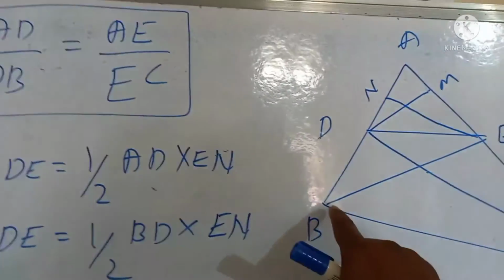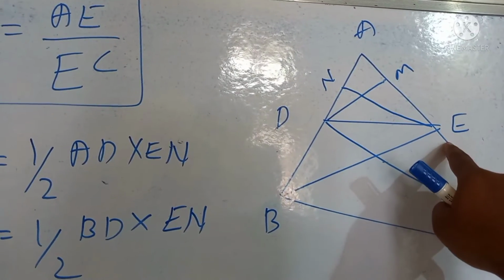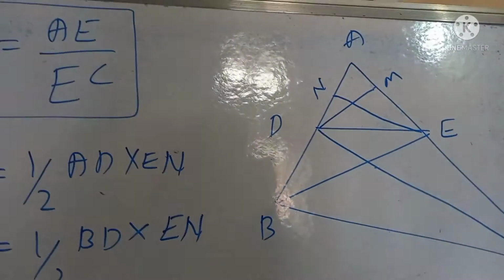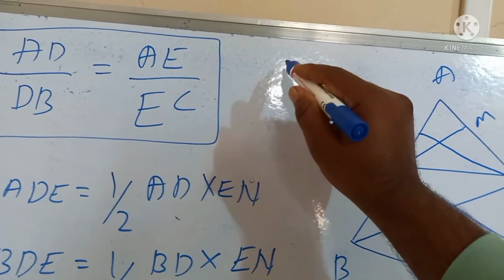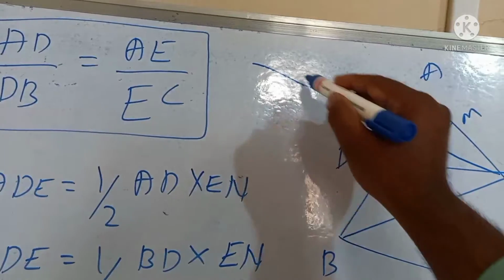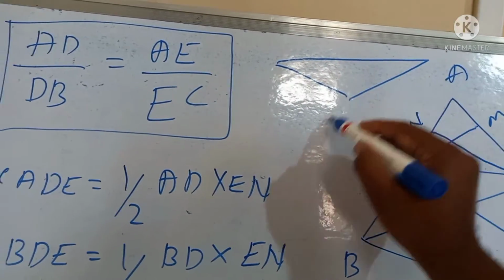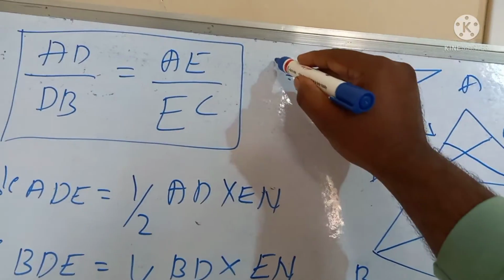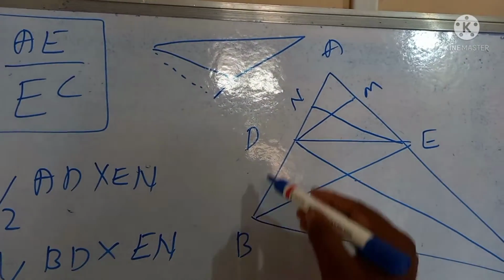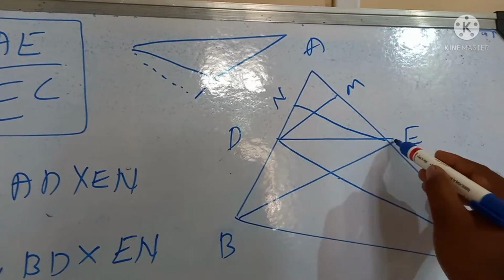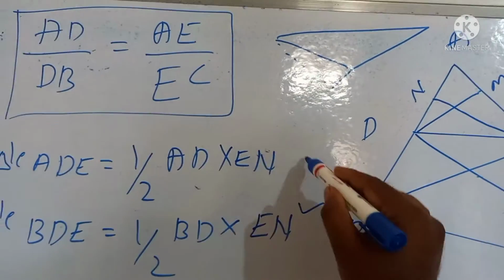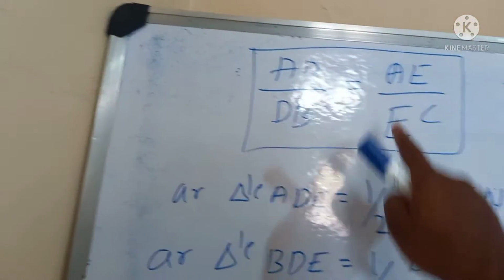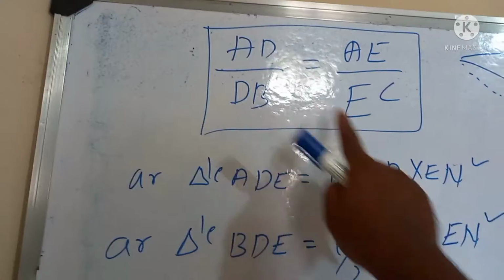Here BD is the base, but I choose EN as the height because in an obtuse triangle, the height is found like this. So EN becomes the height here. Clear? So here we got AD, here we got DB.